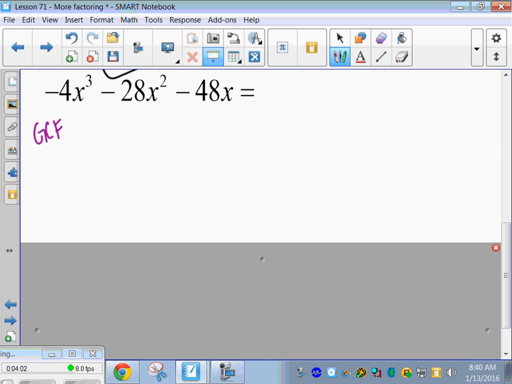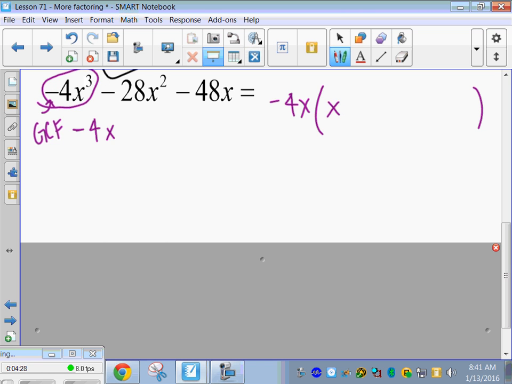X. And there's a negative in front. If this first term here is negative, we need to factor out a negative. So we're actually going to factor out a -4x. That's our GCF. So -4x, and then we have to say what's left over. So if I take out a -4x from this, what's left?